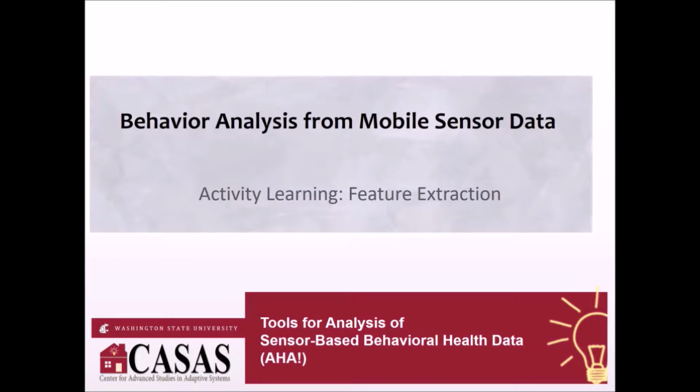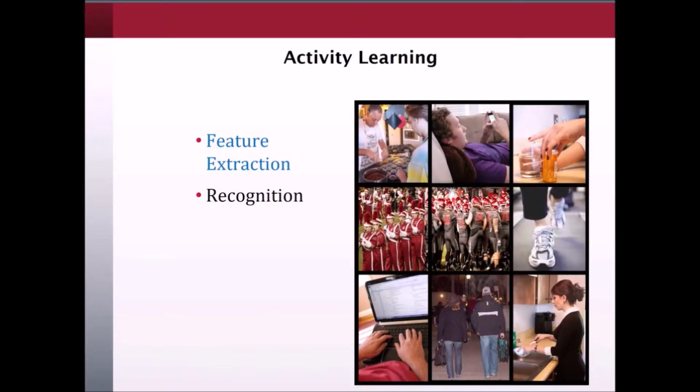Welcome back to the course on behavior analysis from mobile sensor data. In this course segment, we will look at activity learning and specifically how to extract a feature vector from sensor data collected via mobile devices, in this case, a mobile phone. As we mentioned previously, our activity learning discussion will focus on two components.